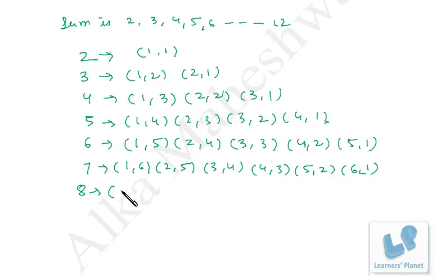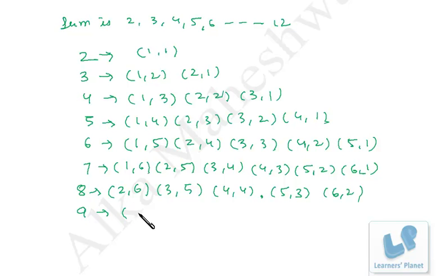So we have to start with 2 now. So it's 2, 6, 3, 5, 4, 4, 5, 3 and 6, 2, right? Similarly 9, now we cannot even use 2, so it's 3, 6, 4, 5, 5, 4 and 6, 3.